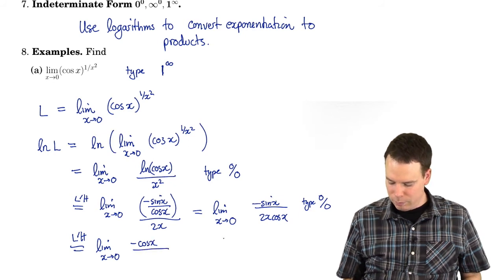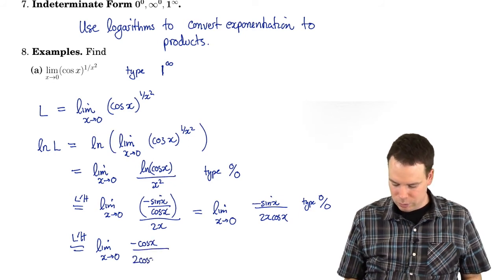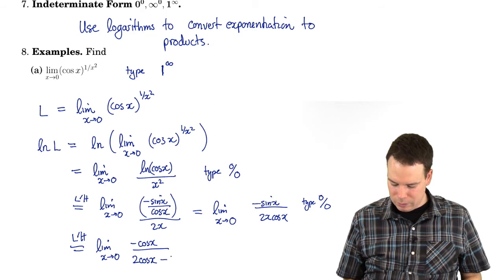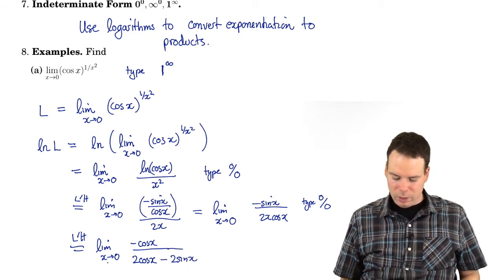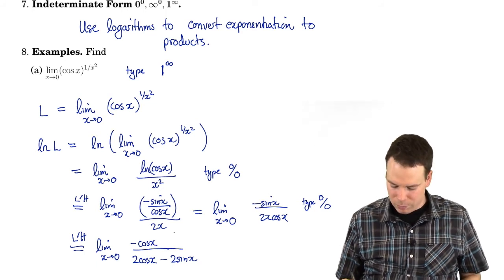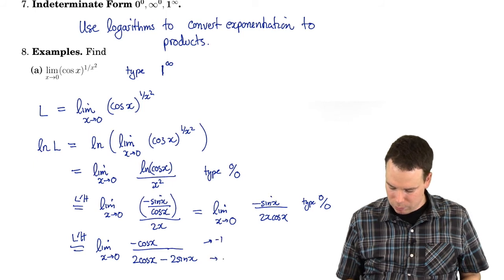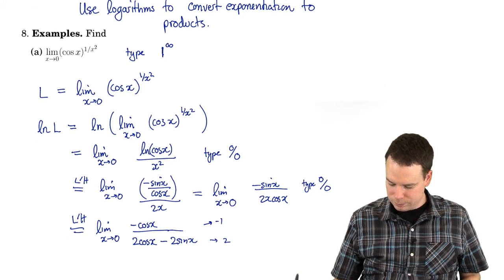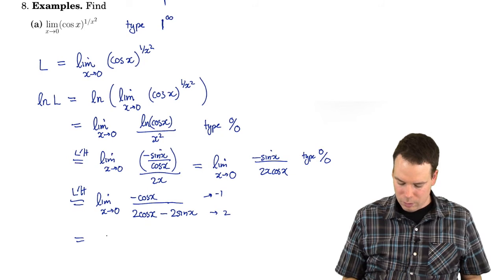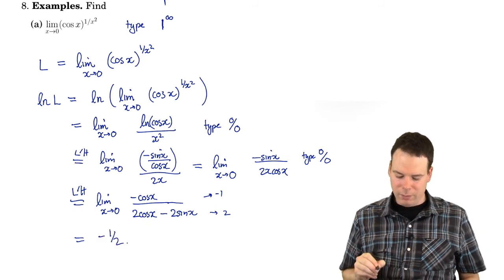The derivative of the bottom, that's a product rule, so that's 2 cos of x minus 2x sine of x. And now when we work out the value, the limit as x goes to 0, the top goes to negative 1, the bottom goes to 2. So we get a limit of negative 1/2.